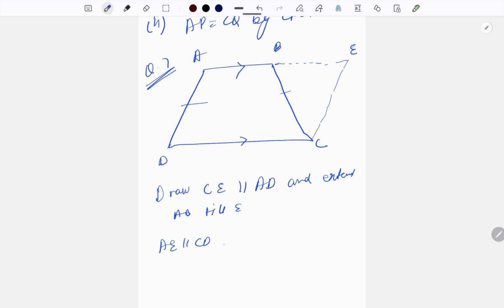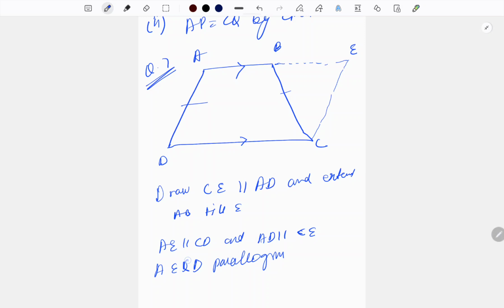to CD, and we have already drawn AD parallel to CE, and therefore AECD forms a parallelogram. Only one condition for a parallelogram: two pairs of parallel lines when they intersect each other form a quadrilateral named a parallelogram.